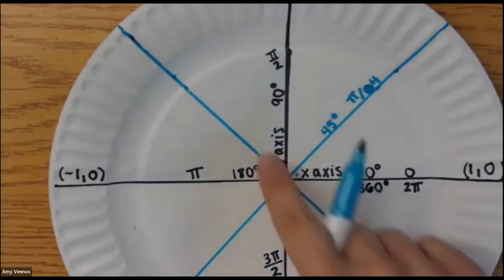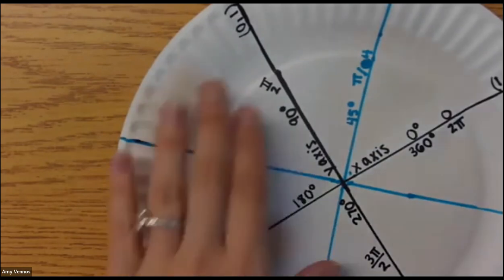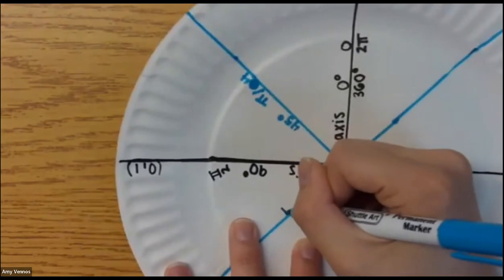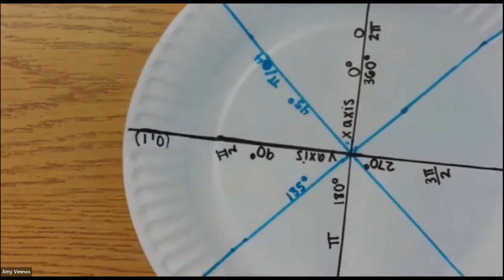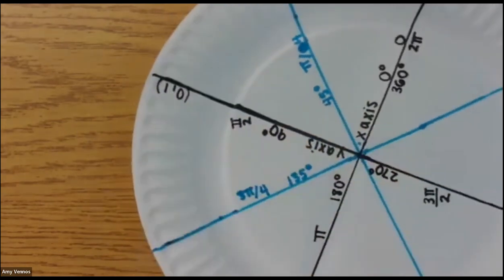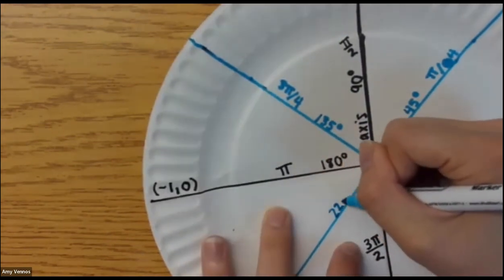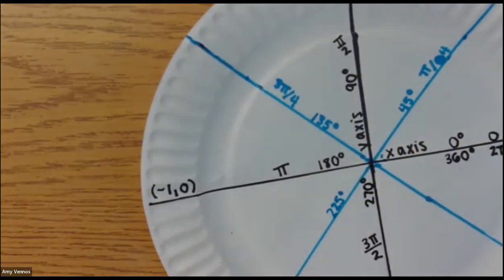For example, the second quadrant, I'm pretty sure this is 130, gosh, I'm really bad at degrees. 135, good. 135 degrees, or in radians, 3 pi over 4, right? Next, the third quadrant, we're at 225, right? Alex is a step ahead of me.